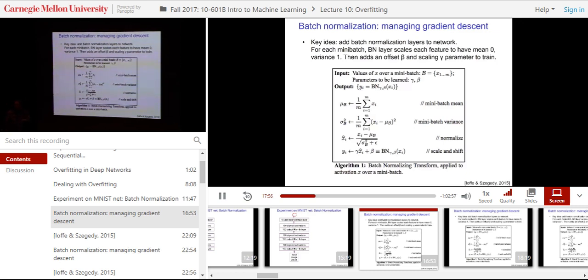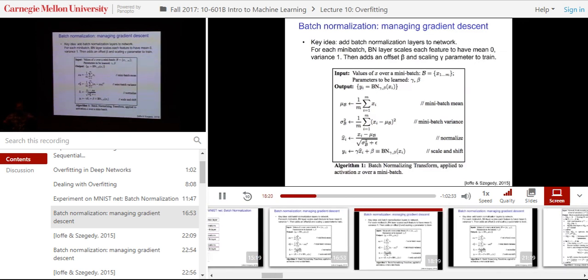We do the following step. For every time we have a new mini batch to calculate our gradient, what we're going to do is scale each feature at that layer in the network to have mean 0 over the examples in the mini batch. So if I have 20 examples in my mini batch, I look at feature 17, and I look at what value I get for feature 17 over those 20 mini batch examples.